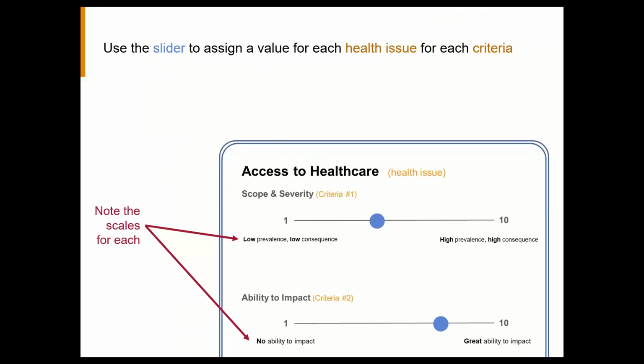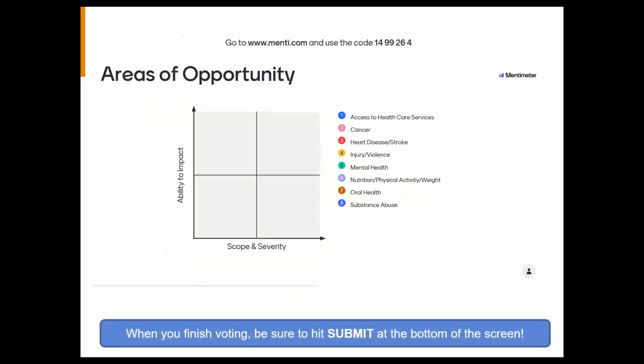So you'll use a slider to assign a value for each health issue, for each criteria. And again, we've got the scales noted for each, and then you'll be sure and hit submit at the bottom of the screen. So if you want to, again, go to menti.com and enter the code 1499264.